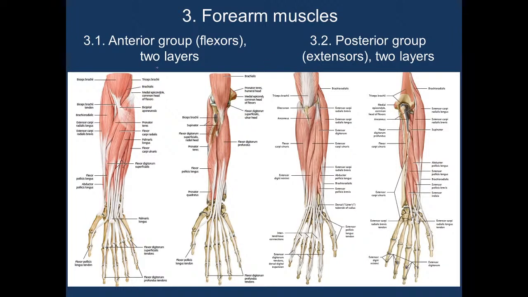Forearm muscles located anteriorly we call the anterior group, and they are also flexors, but because this group has a lot of muscles, it has two layers of muscles, superficial and deep muscles.